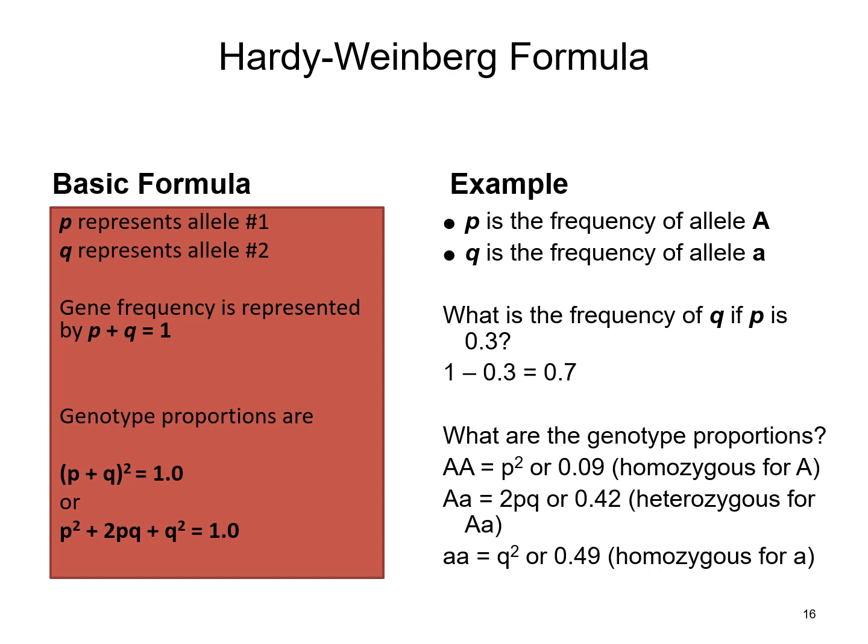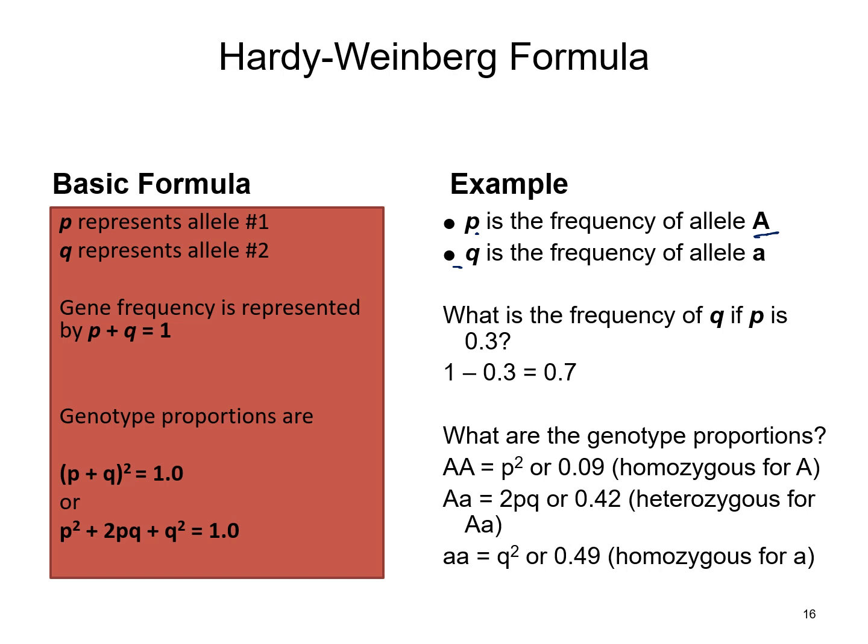So here we have an example. If we're looking at a particular allele to inherit, big A, we represent that by P. And if we want to know little a, the frequency of it on a particular allele, then we will look at Q. So what is the frequency of Q if P is 0.3, or 30%?